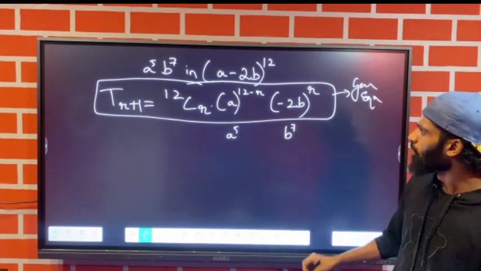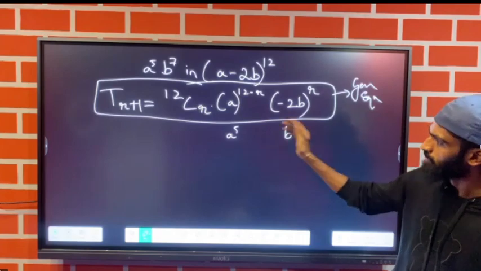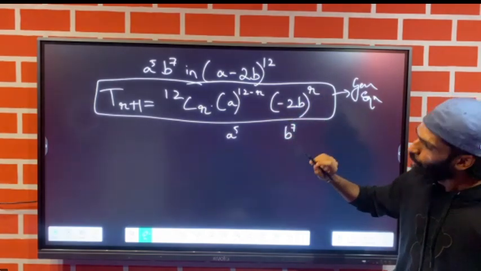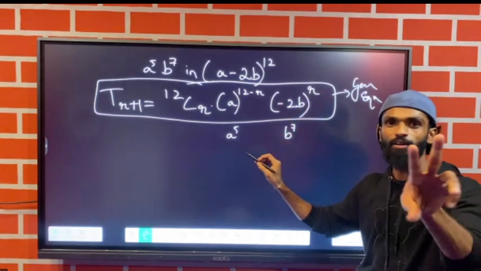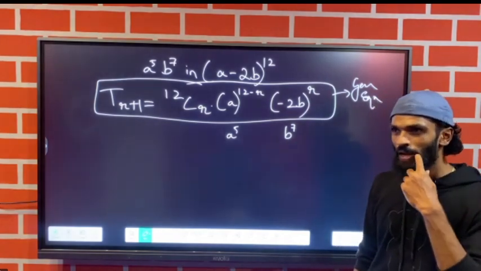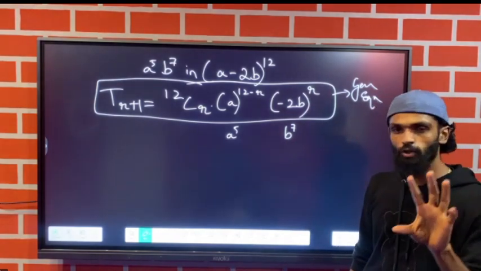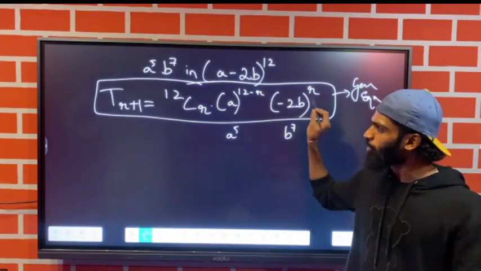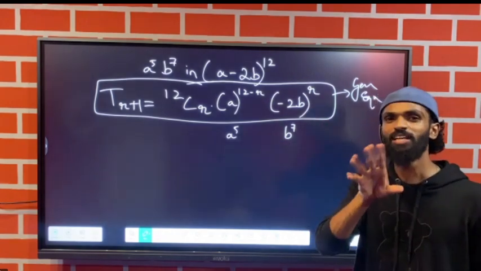Now just start solving it. Obviously, you can't have two different answers for R. Never possible. So what I would do is cross check. I would solve either A or B, but only one. Think what is easier.